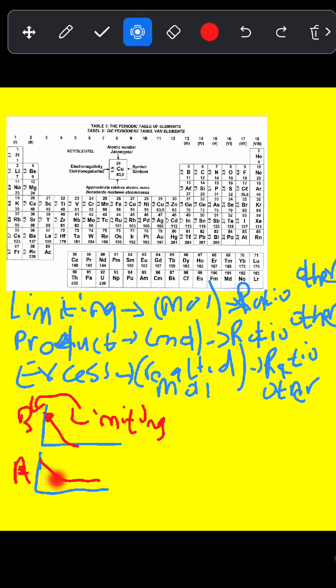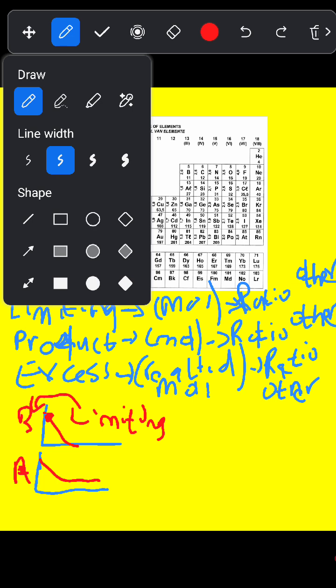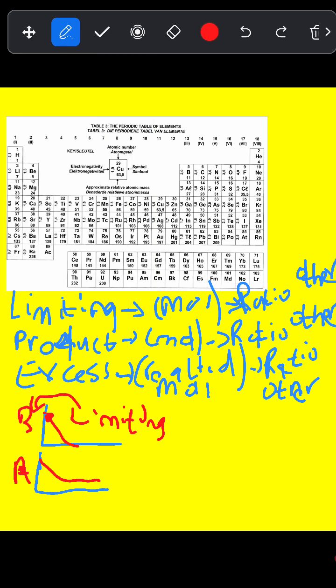Then it drops until the graph is straight. And when the graph is straight, it means the reaction has stopped. The amount of substance remaining will appear here.